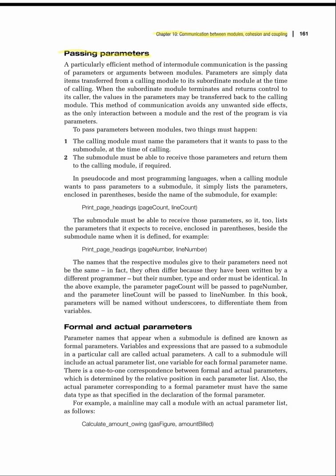So what is really happening here is formal versus actual parameters. The actual parameters are what is up here in our mainline algorithm. It's just the name for these two things that are happening right here, page count and line count. The formal parameters, those are here.